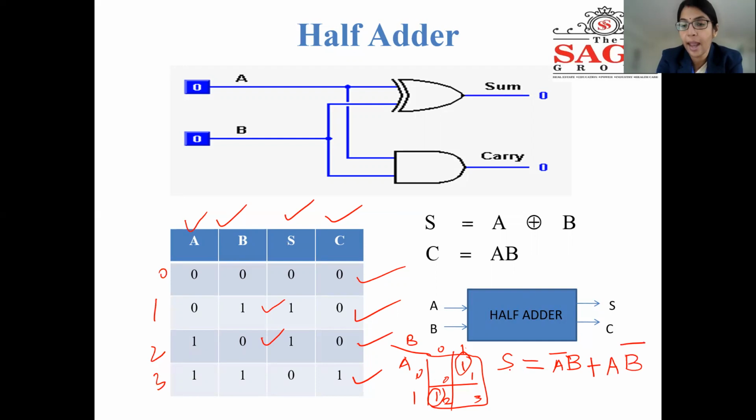The equation is A bar B plus A B bar, which is the equation of an XOR gate. So the Boolean expression for sum is A XOR B.